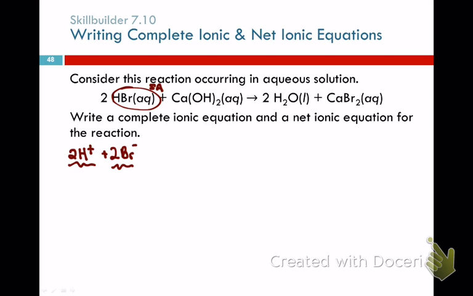No, because that one's a strong acid. So that's why I had to tell you. Strong acids and aqueous ionic compounds split up, okay? For the complete ionic. They gave us the molecular, so you didn't have to do that part. What do I do with calcium hydroxide?